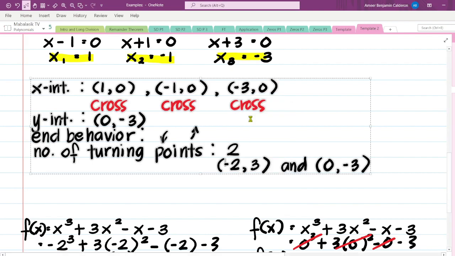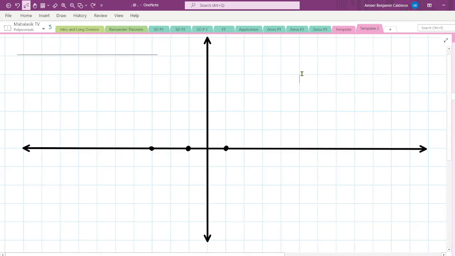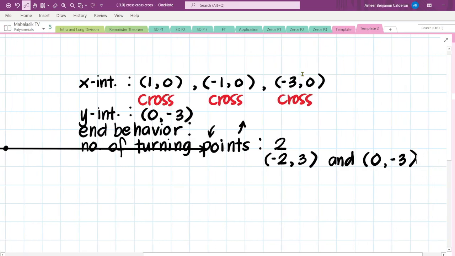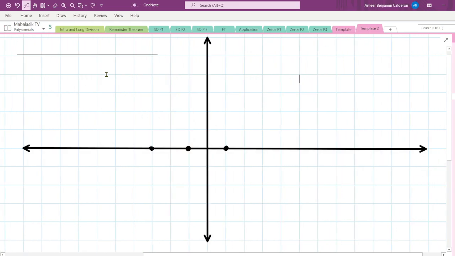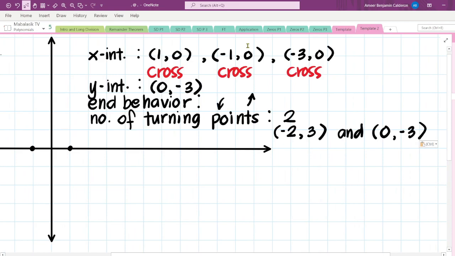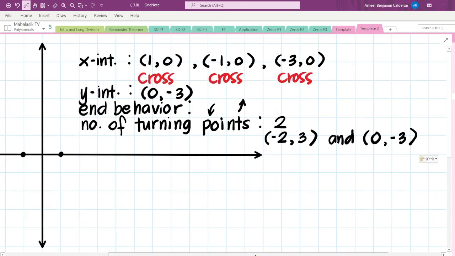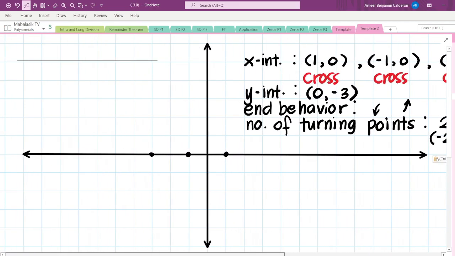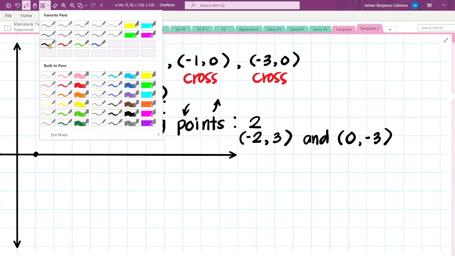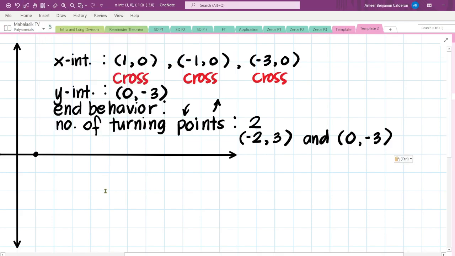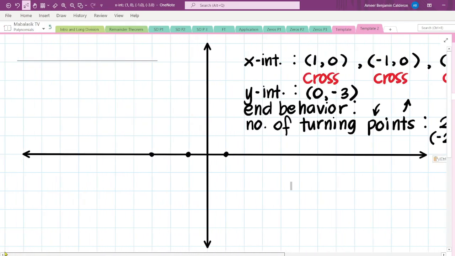I'll just copy this and paste it here so I can be properly guided when I am graphing our polynomial. So the x-intercepts are already plotted. We have to cross on those x-intercepts. The y-intercept is not plotted yet, so we will plot our y-intercept. Our y-intercept is (0, negative 3).